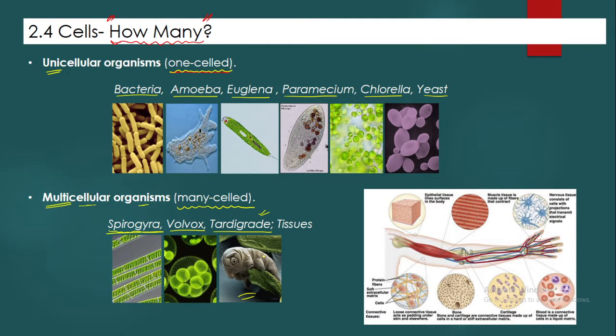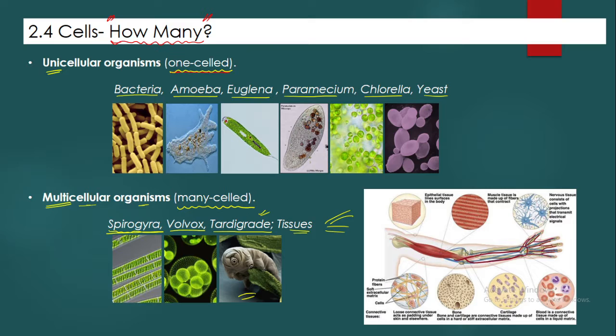So this is an overall view of cells. Each cell can be independent like a unicellular organism, or the individual cells may cooperate and collaborate with each other, working as one unit to make a higher organism.